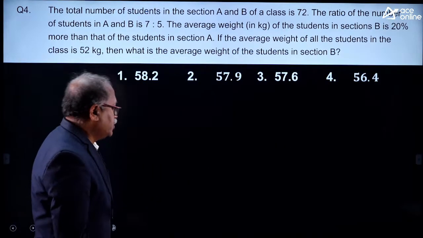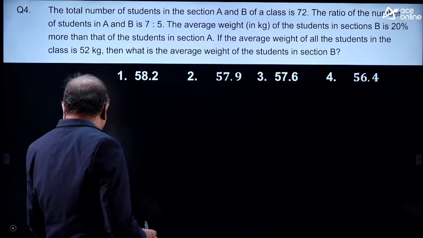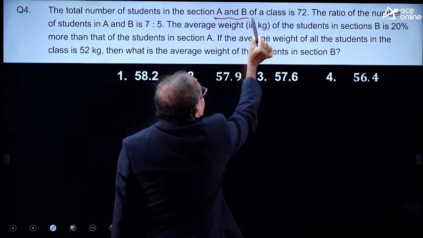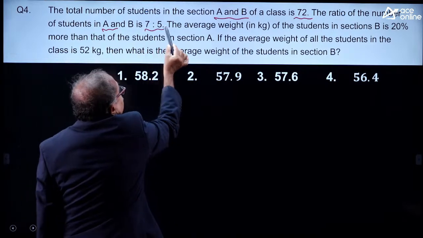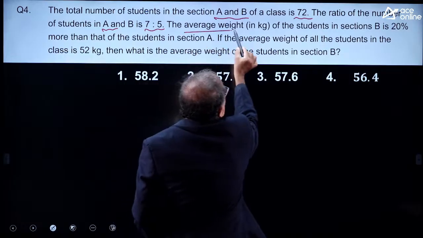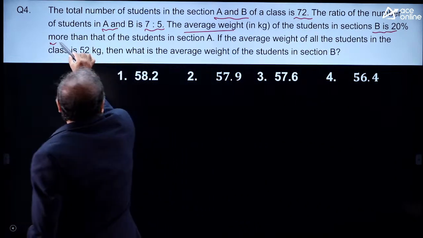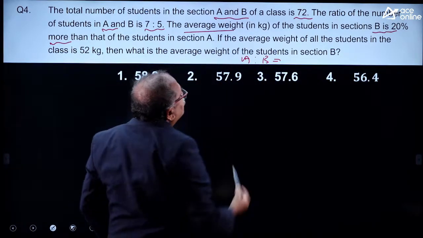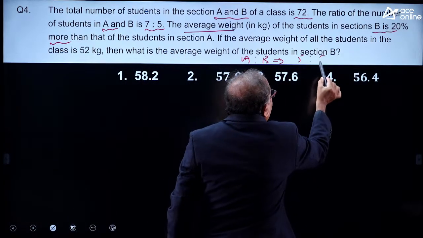Next question on your board is this. Come on, my dear friends, look at this. The total number of students in sections A and B is 72, and the ratio of the number of A to B is already given to us. Total given to us, ratio given to us. Now, the average weight of the students in section B is 20% more than that of A. That means the average weight of A to B is given to us as 5:6.